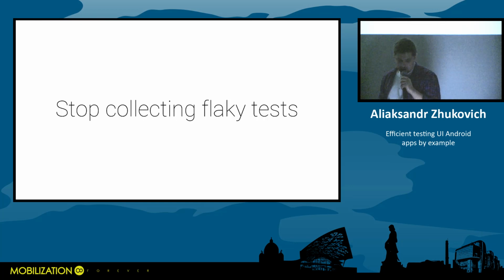Try to work with flaky tests. Stop collecting them. Because if today you have one flaky test, in a week you will have 10. In a few months we will have hundreds. And try to find a reason. When you find this reason, try to fight this reason or reasons.